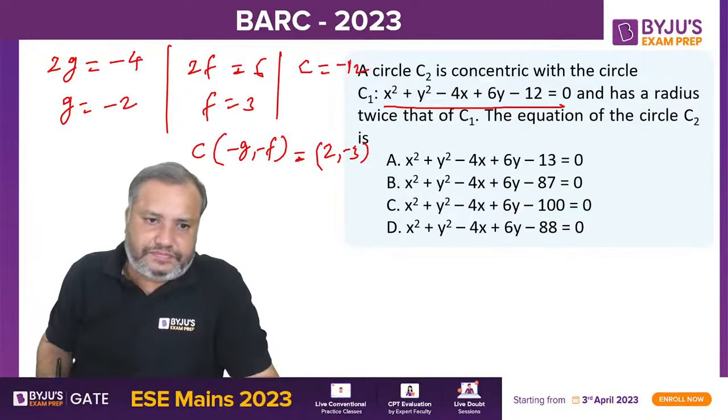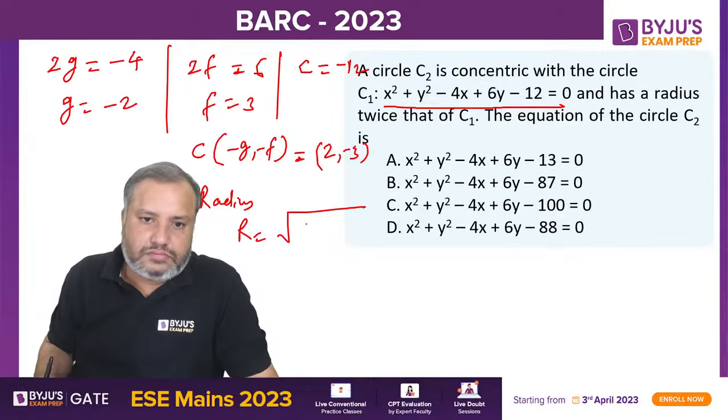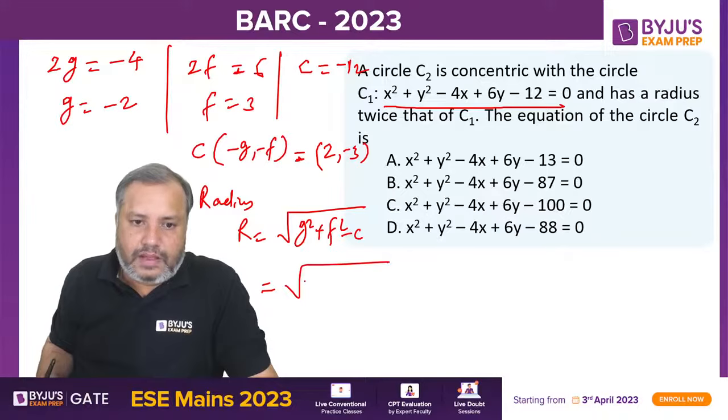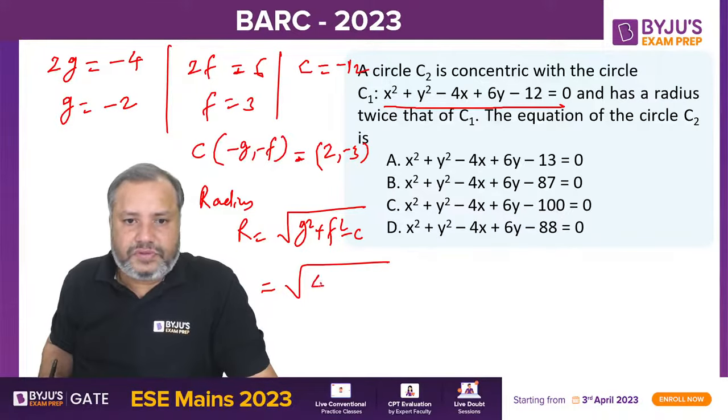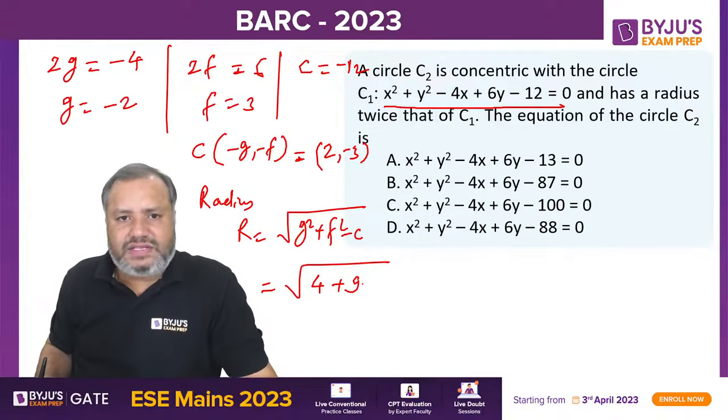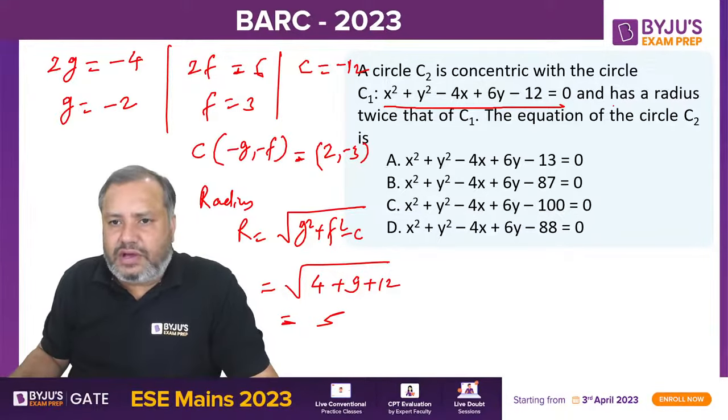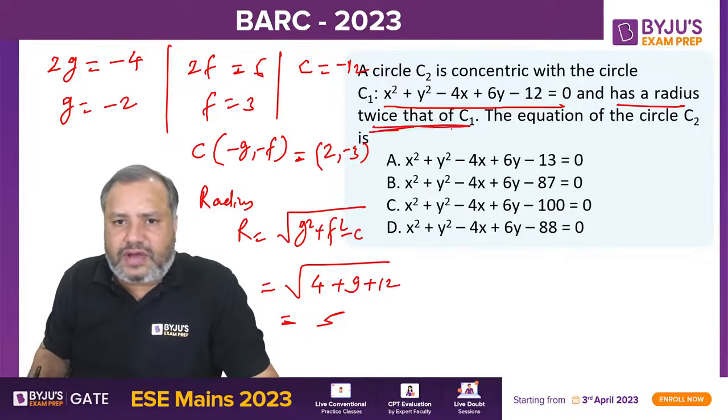And radius is the root of G square, minus 2 square is 4, F square is 3 square 9, minus C, minus of minus 2, so 4 plus 9 plus 2 is 15, hmm, that is root of 15. So what they are saying, the radius of circle C2 is twice to that of C1.